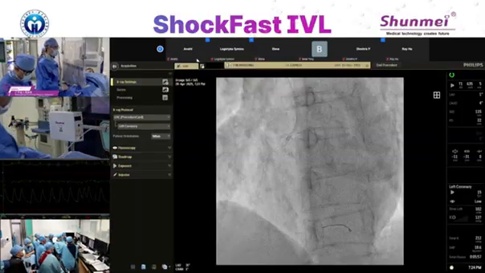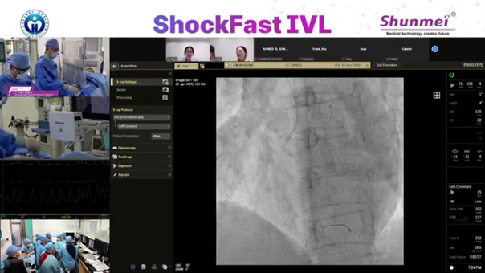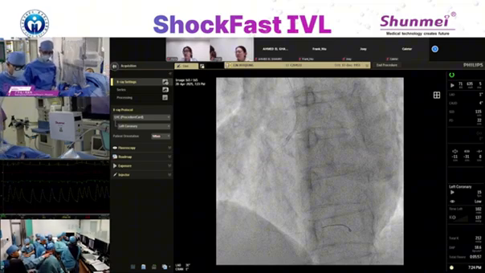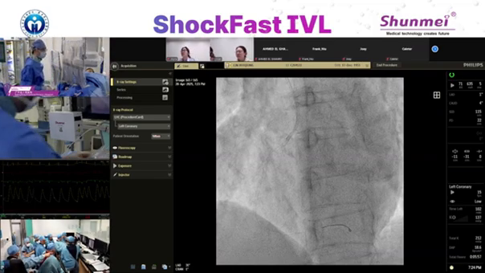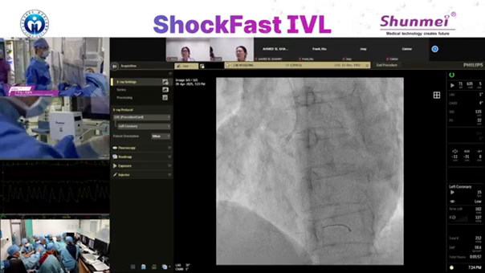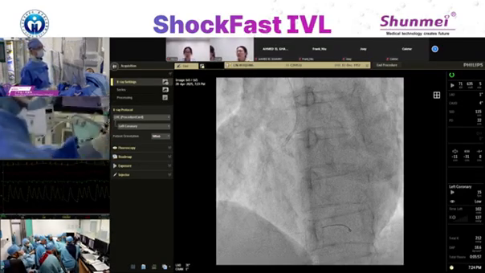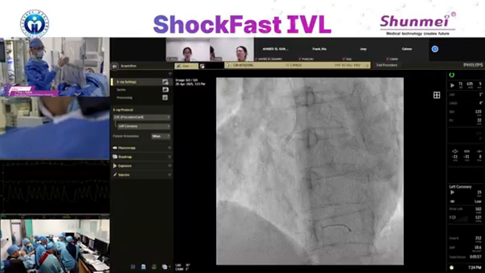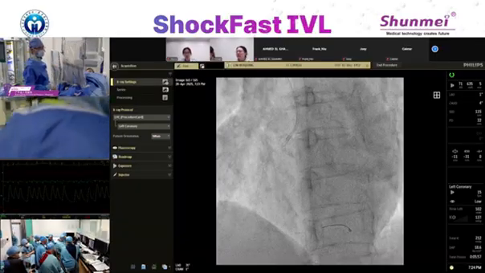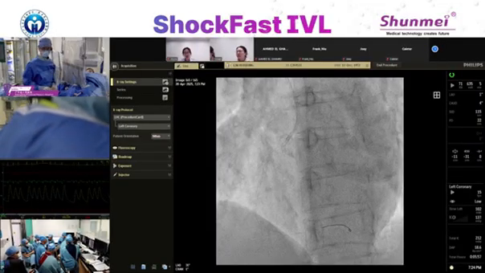I'm not sure if the support is enough because the IVUS catheter cannot cross the stenosis. The proximal segment is a kind of bend and stiff.